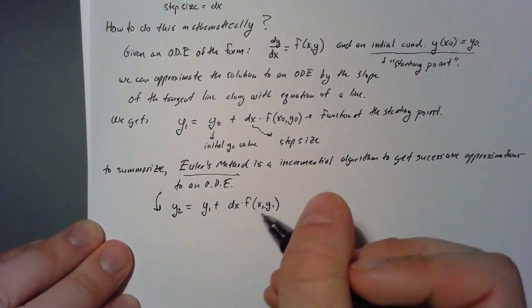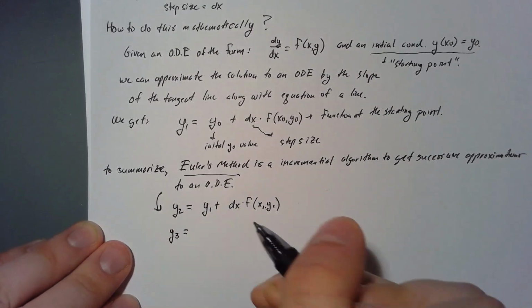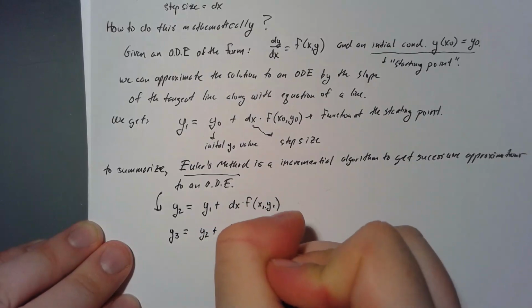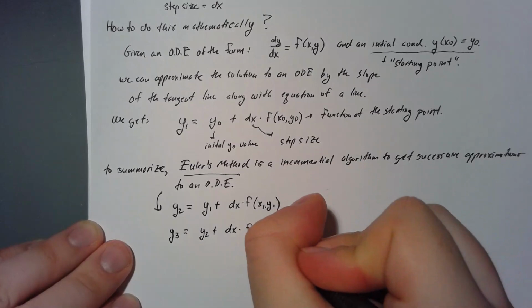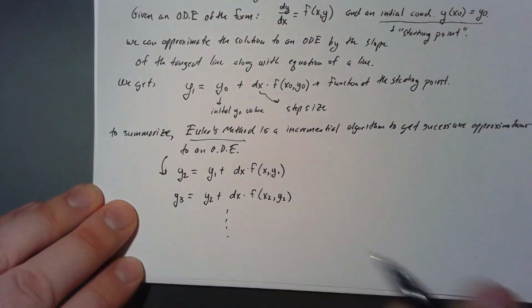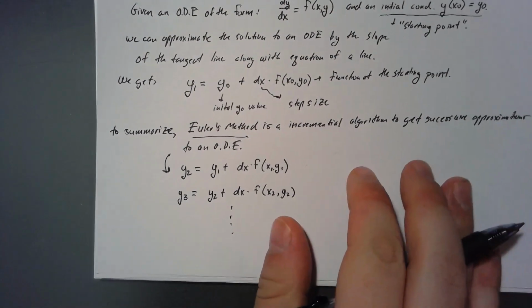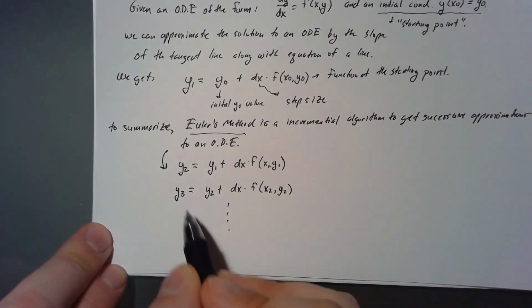And then if I want to get the next one, y sub 3, that'll be y sub 2 plus dx times f at x sub 2 comma y sub 2, and so on, until you could keep going as many times as you want here.